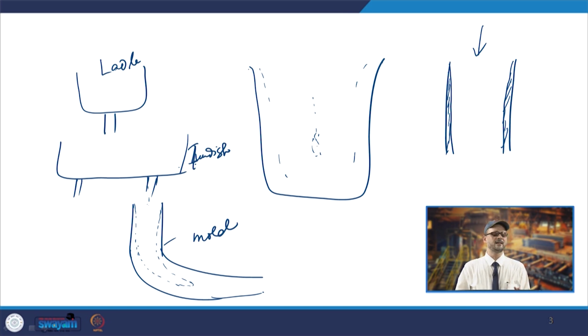Basically, the liquid metal will first be received by the ladle. The ladle brings that liquid metal and steams it to the tundish. Now, the tundish is basically an open reservoir which has a large surface area. The tundish takes the liquid metal from the ladle, and at each of its outlet ports there is a mold attached.